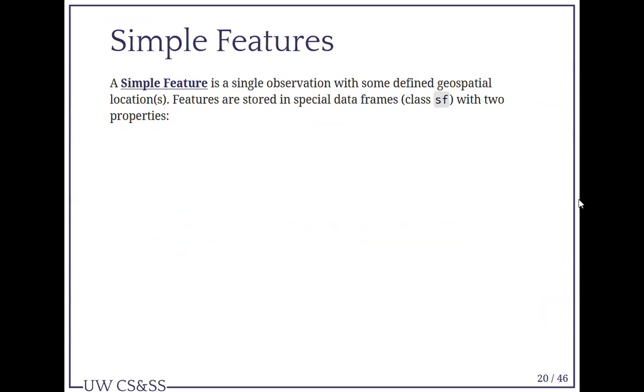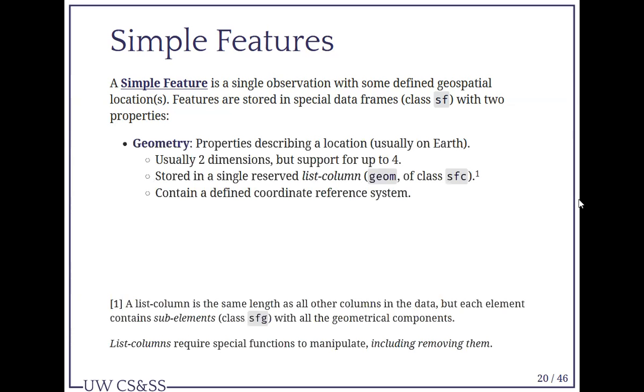Simple features. A simple feature is a single observation with some defined geospatial locations. Features are stored in special data frames called class sf with two properties. So you'll note that when you're using the sf package, you want these as an sf and not necessarily as a data frame.